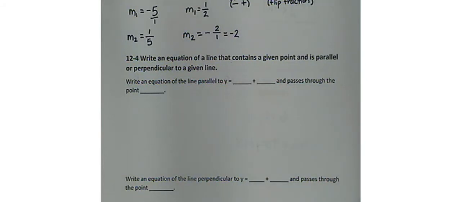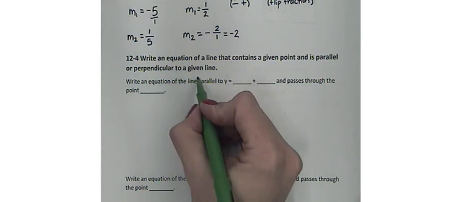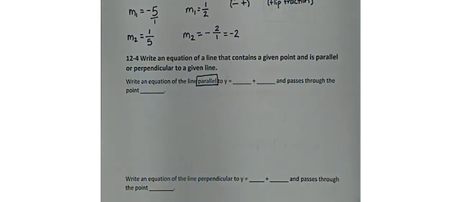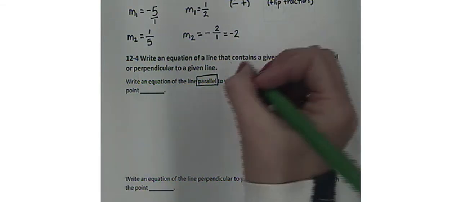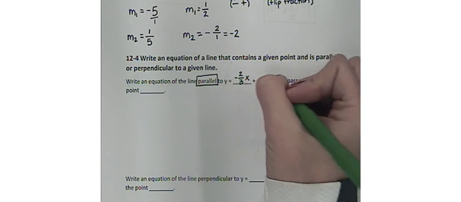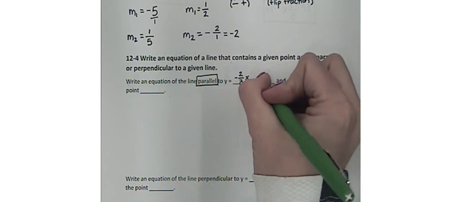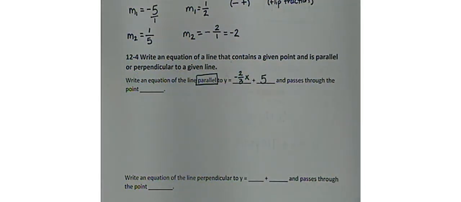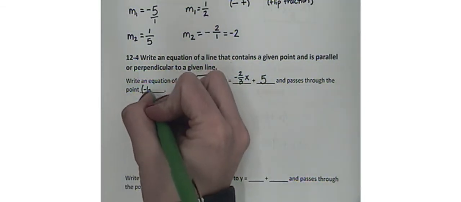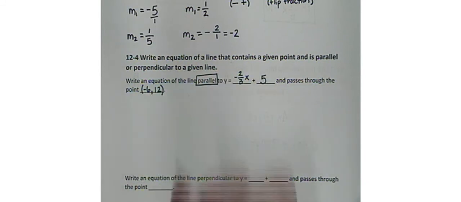So we're going to write an equation of a line parallel to y equals -2/3 x plus 5, and it passes through the point -6, 12.